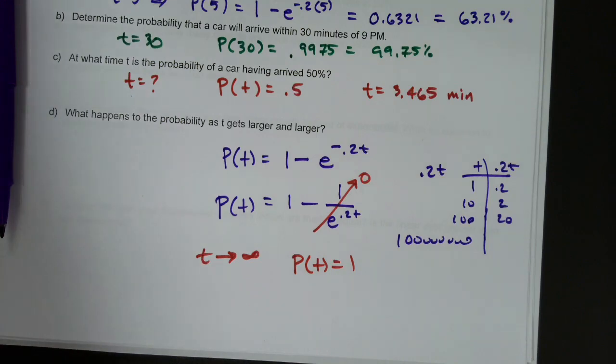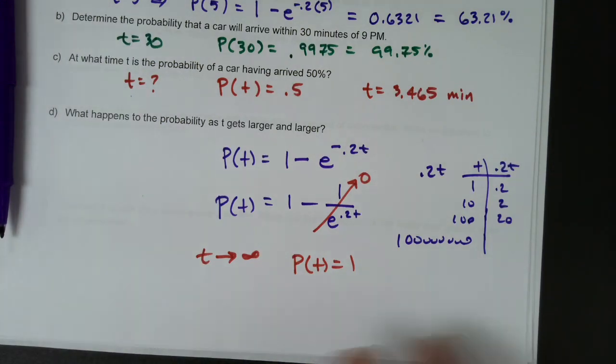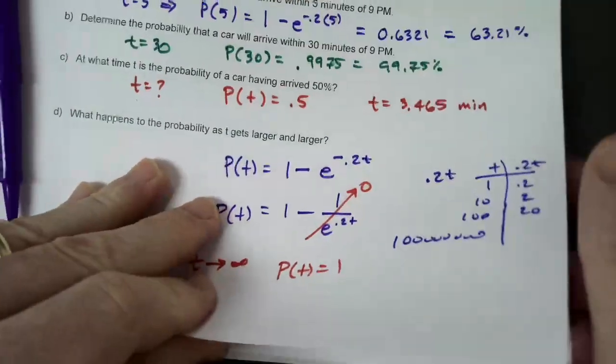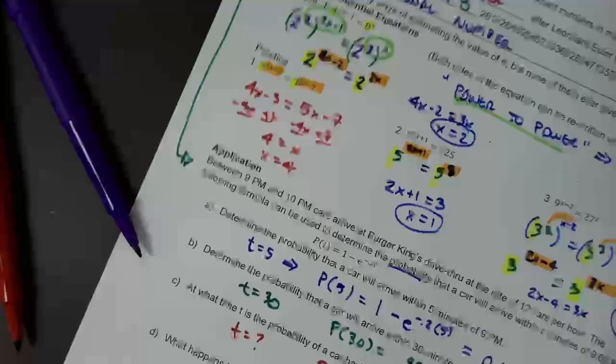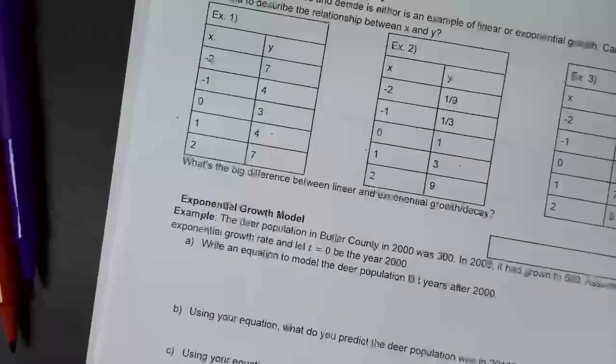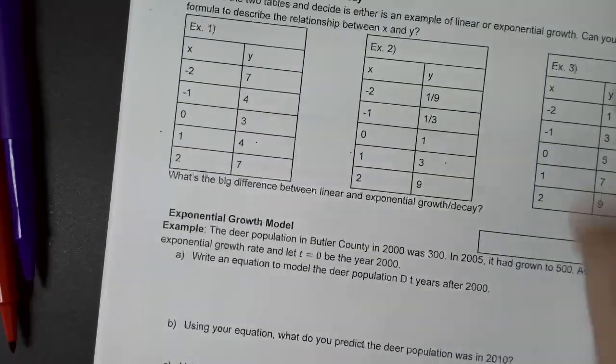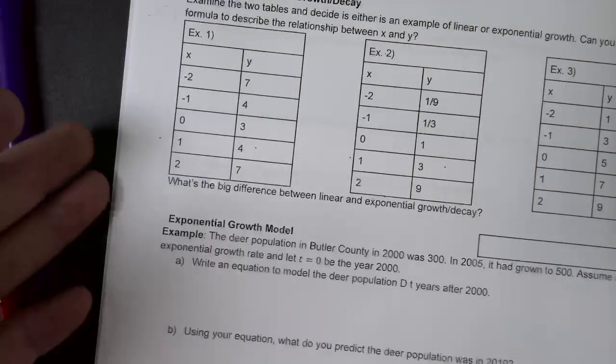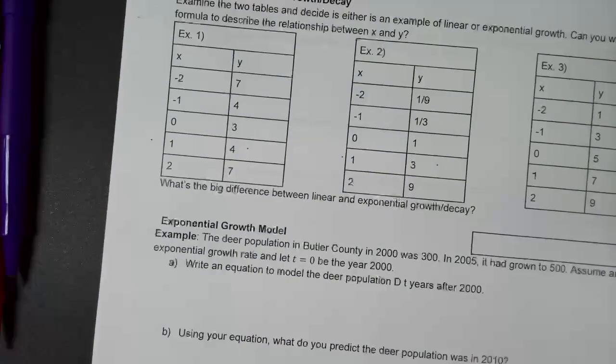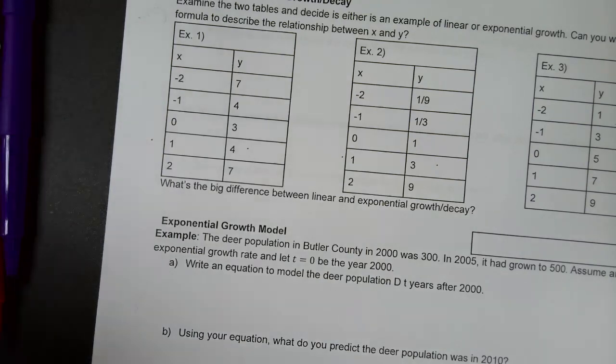All right, let's take a look here at a comparison of some of the things we've done so far. It says, let's examine the two tables and decide if they are linear or exponential growth. It says two tables, but I see three. And can you write a formula to describe the relationship between these?